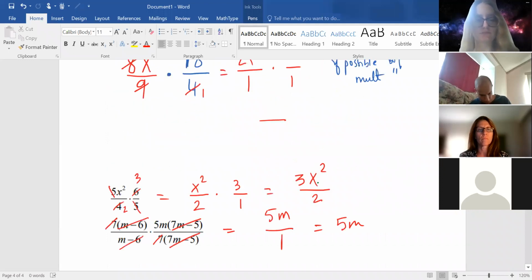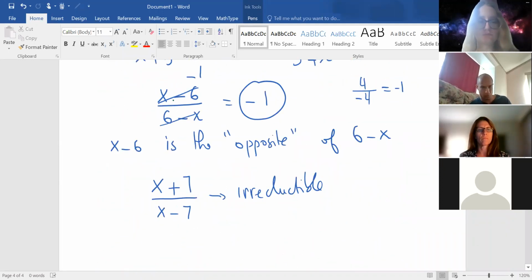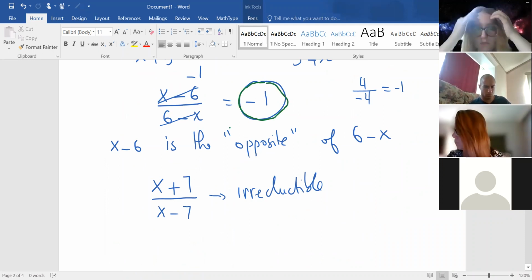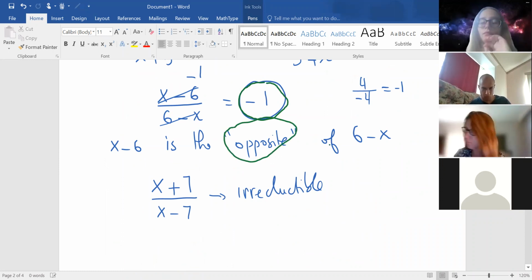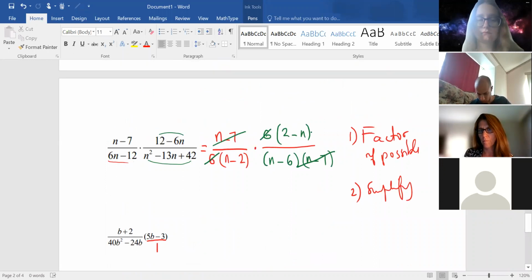Exactly. Look at these examples right here. Look at this: x minus 6 divided by 6 minus x. What did we say? Negative 1. Everybody see that? We said they are opposite because they are opposite. So n minus 2 and 2 minus n happen to be opposites, right? They're not equal, but they are opposite.